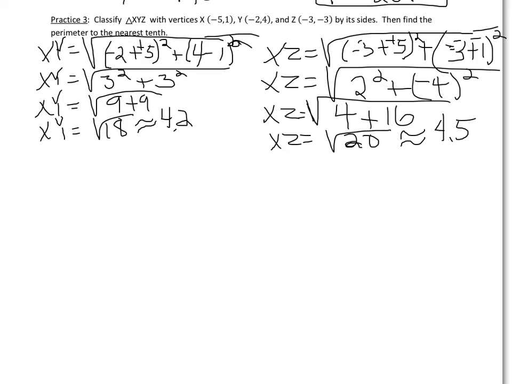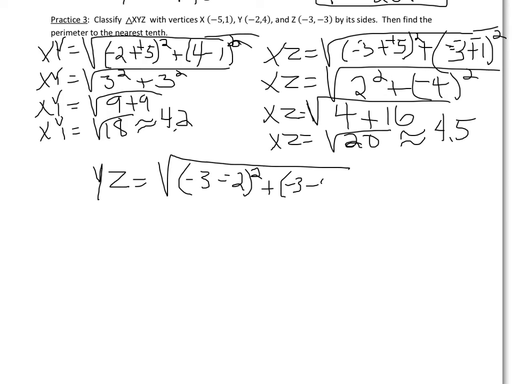So these two sides are different, so I know it's definitely not equilateral. It could be scalene, all sides different, or it could be isosceles, depending on this third side. I've paired X with Y, I've paired X with Z. Now I need to pair Y with Z to find the distance of that third side. So I'm going to do negative 3 minus a negative 2, square that, plus negative 3 minus 4, square that.